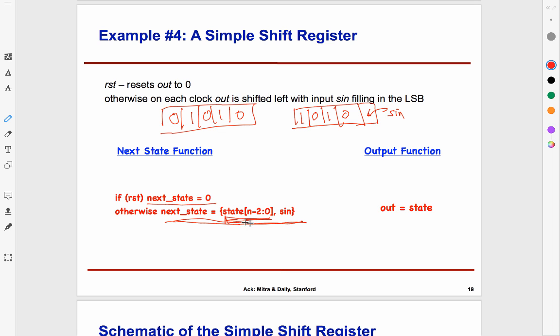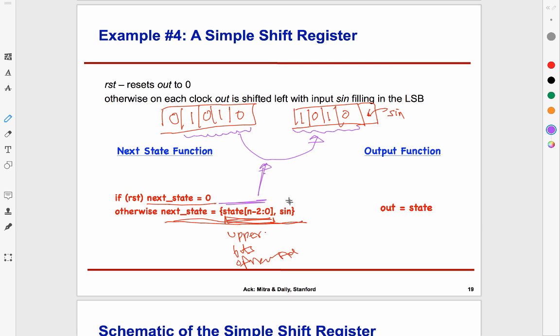So I'm taking these lower bits, other than the most significant one, and mapping them to the upper n minus 1 bits.